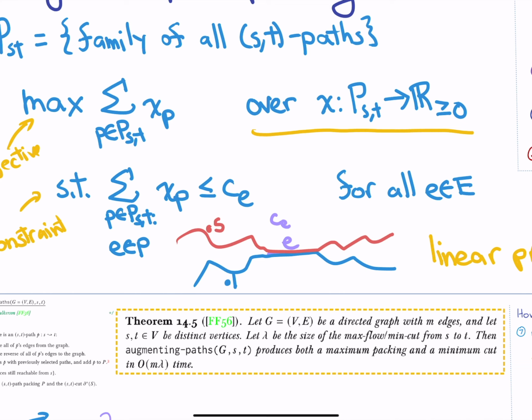I need to make sure that the sum of those paths using E is at most the capacity of E. So maybe if the capacity of E is equal to like 1, that's okay, because 0.5 plus 0.1 is 0.6, and that's less than 1.